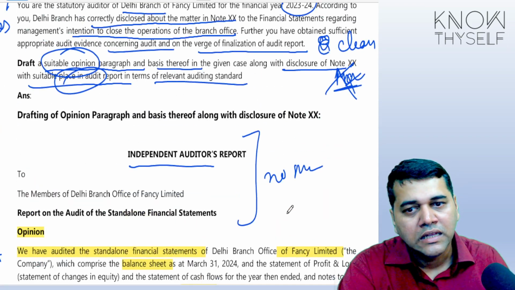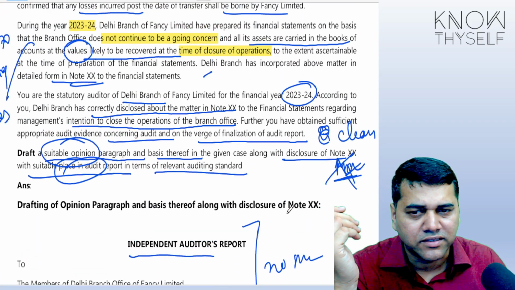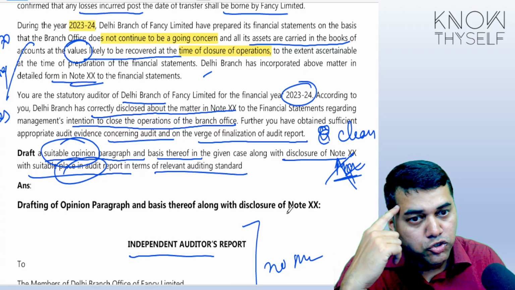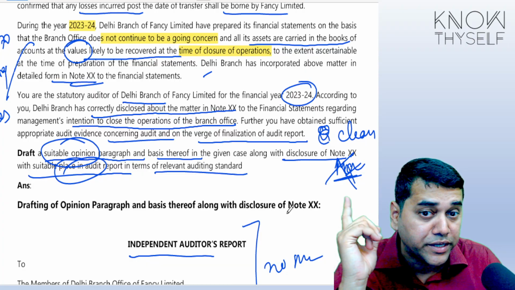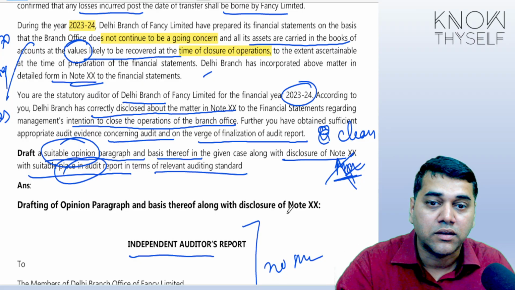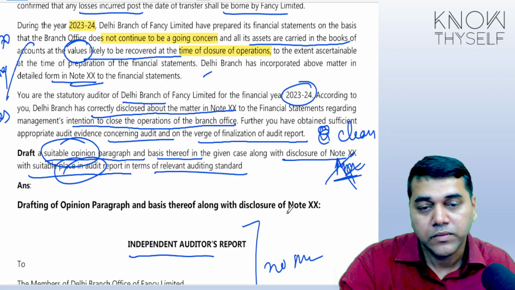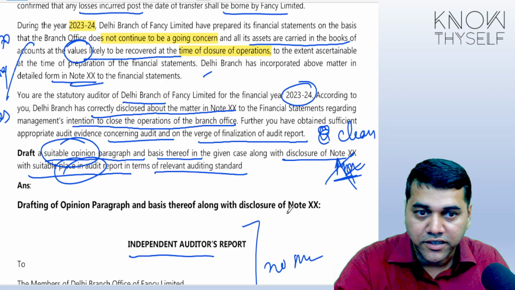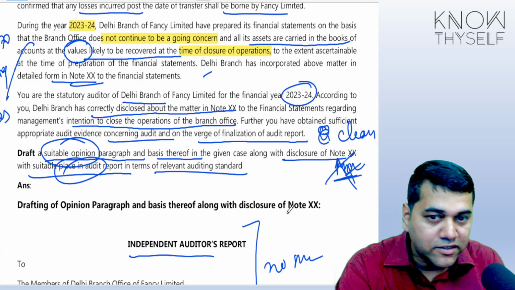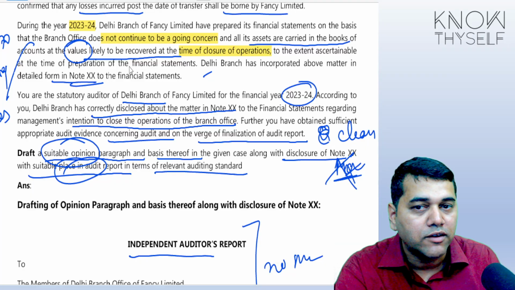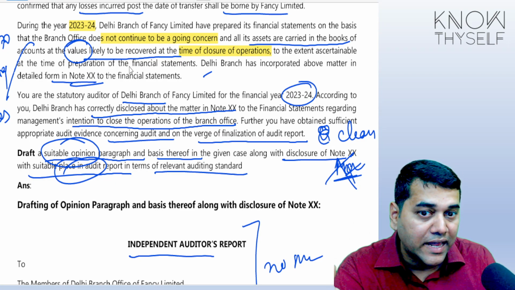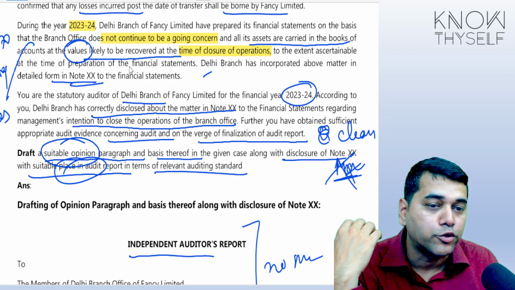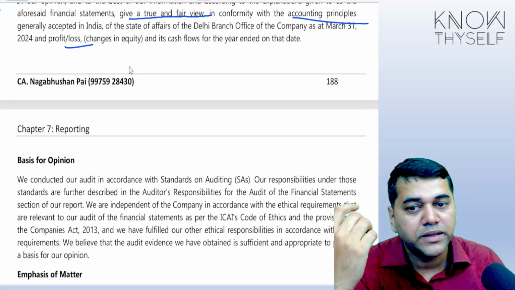You see, why should you worry about all these big cases? They said opinion paragraph, but you should be very clear that you should be issuing a clean opinion. That analysis should happen, because even though there is a going concern flavor here, it's clean, right? They said very well how they have accounted, what they have done. See the level of conceptual clarity they are trying to test. Then what is your basis of opinion?